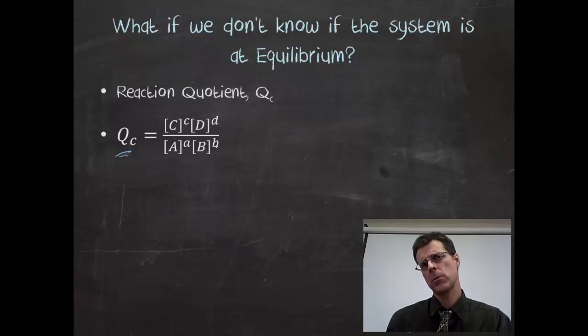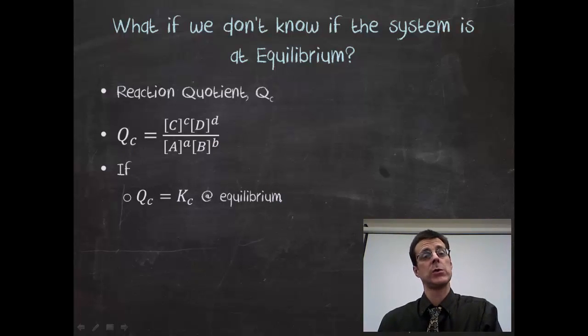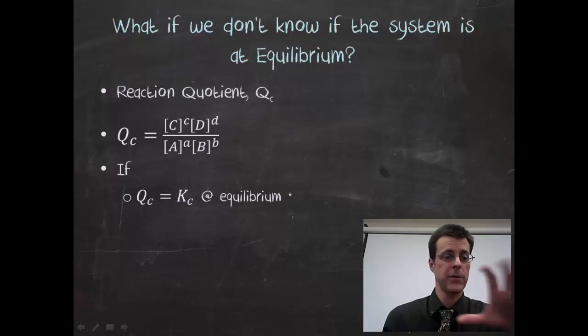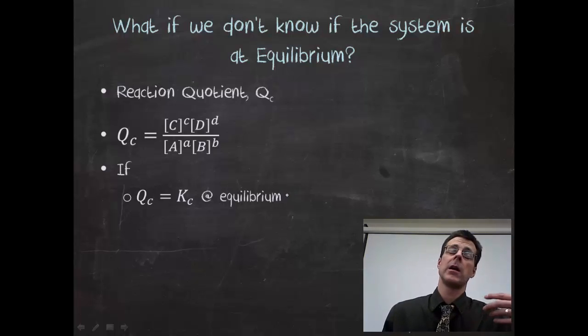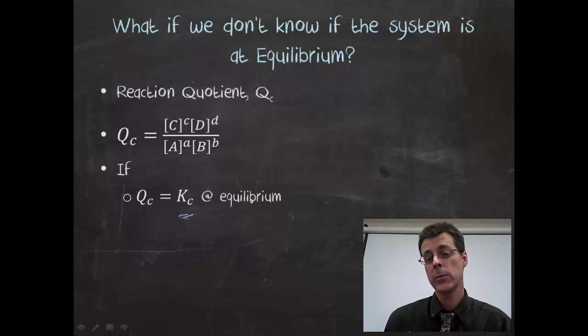If the system were at equilibrium, then Qc is equal to Kc. In other words, if I take a reaction and find the concentrations at that instant and figure out the value of Q, and it happens to be what I'm expecting equilibrium to be, then I know that reaction is at equilibrium. We'll spend a little more time with Q at another time.